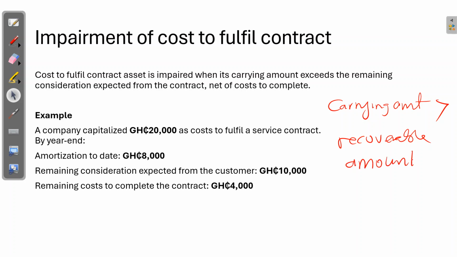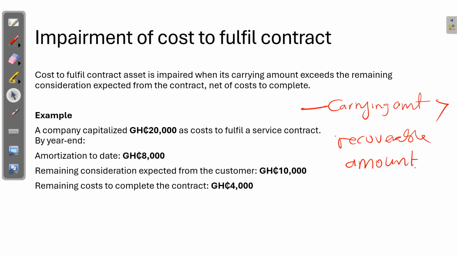If the carrying amount of an asset is more than the recoverable amount, there's an impairment. So sometimes the carrying amount of the cost to fulfill the contract may be higher than the recoverable amount. In that case, we will say that the cost to fulfill the contract is impaired.